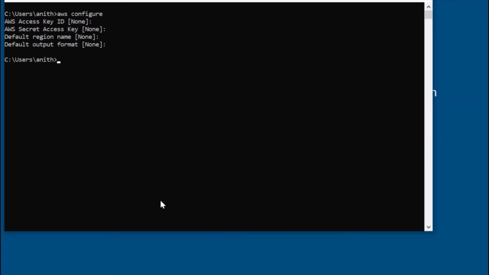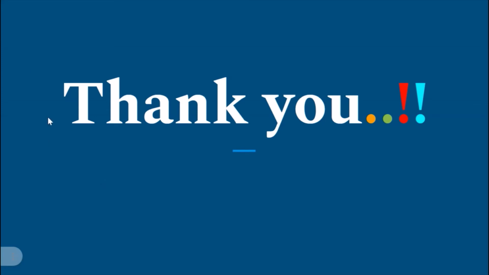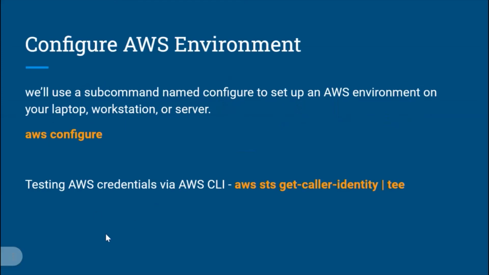If you are using an IAM user and have your secret key and access keys created already, this is the way to communicate with AWS with the aws configure option. If you are using an AWS IAM role, you don't need to do aws configure.